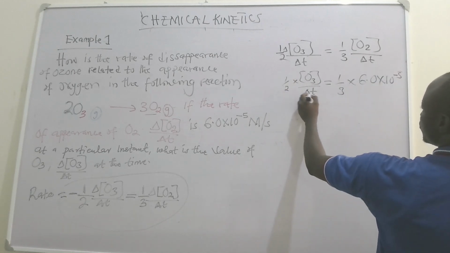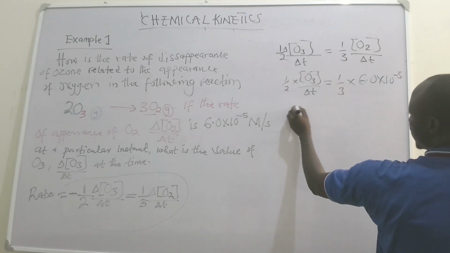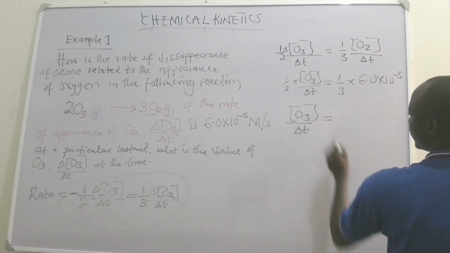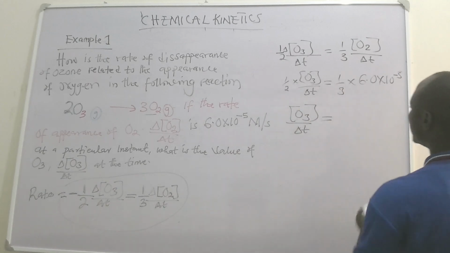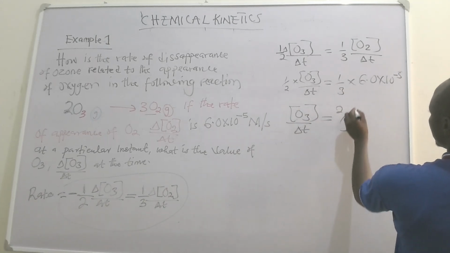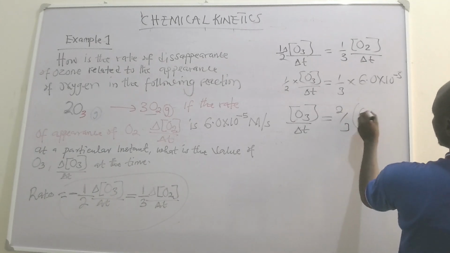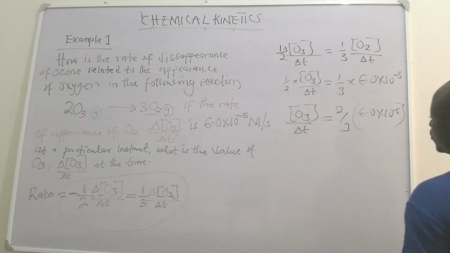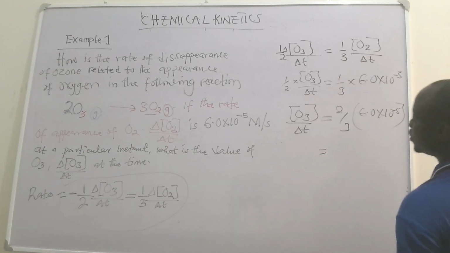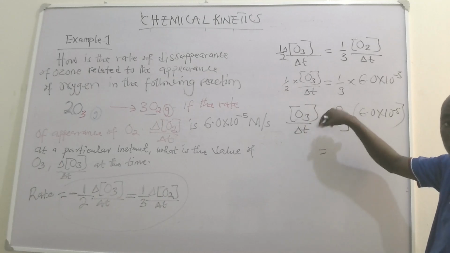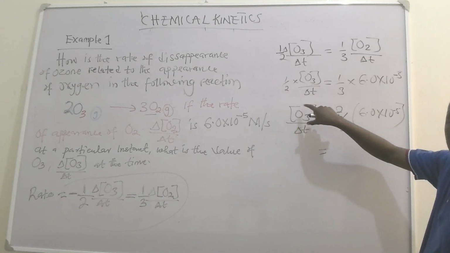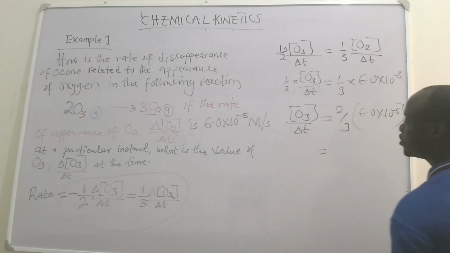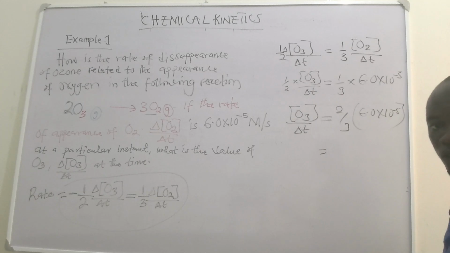So therefore we are now going to cross multiply this. At the end we have 2 divided by 3 times 6.02 times 10 to the power of minus 5. We want to get the rate of ozone.